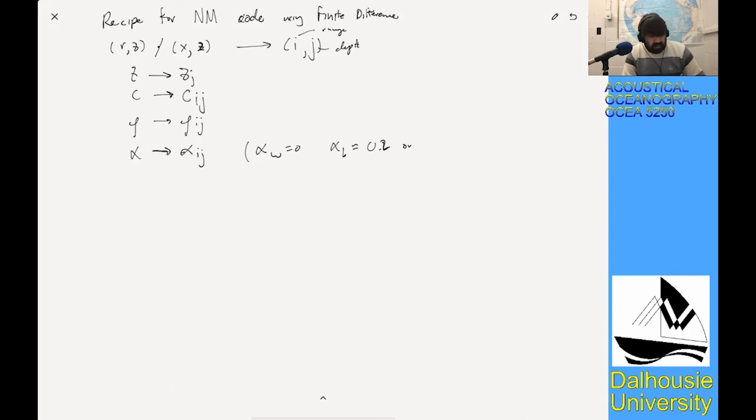Okay, so now we have everything in terms of i and j, the indices, and we have matrices which define our environment. So this could be some sound speed profile up here, increasing down there, right? And now we can actually change it in range, okay? Now what we want to do is figure out where our interface is, right?